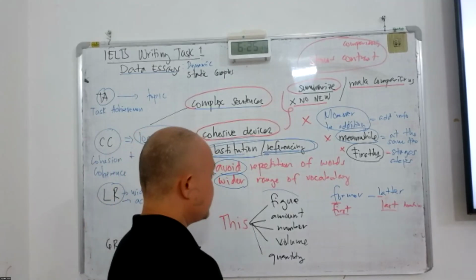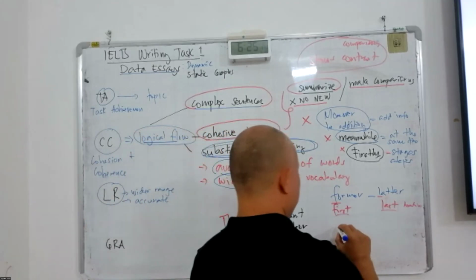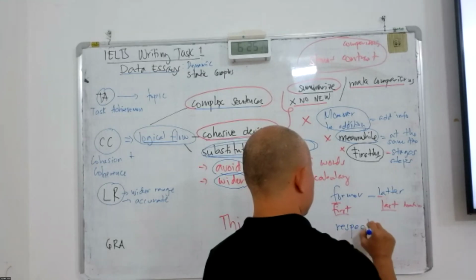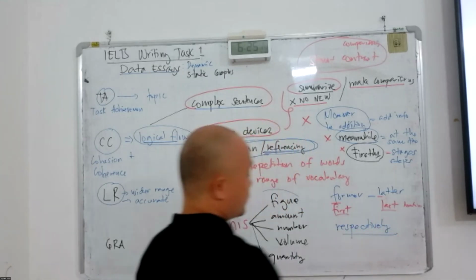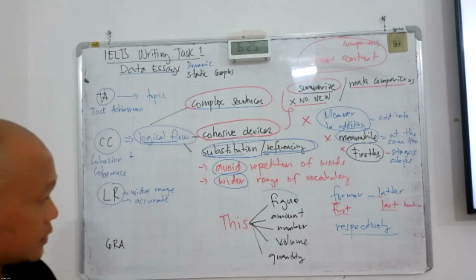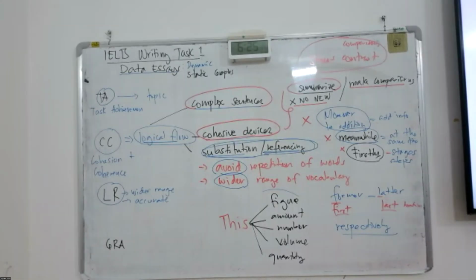And finally, the third way to use referencing is the use of the word respectively, or according to the order. Okay. So that's pretty clear now for CC, or cohesion and coherence for writing task 1.